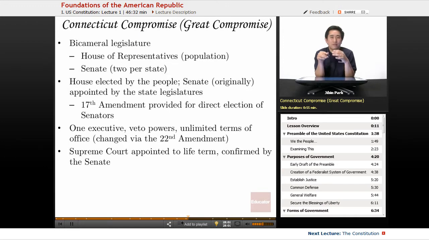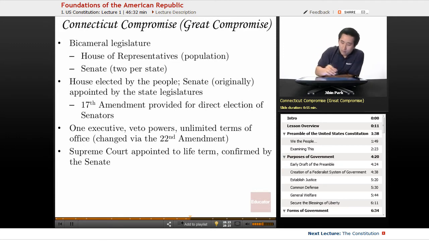If the Virginia Plan proponents didn't compromise at all, then the small states would have defected, and the small states clearly understood that they couldn't proceed unless the large states were involved. So this was the only way to get them to agree to create a United States of America.